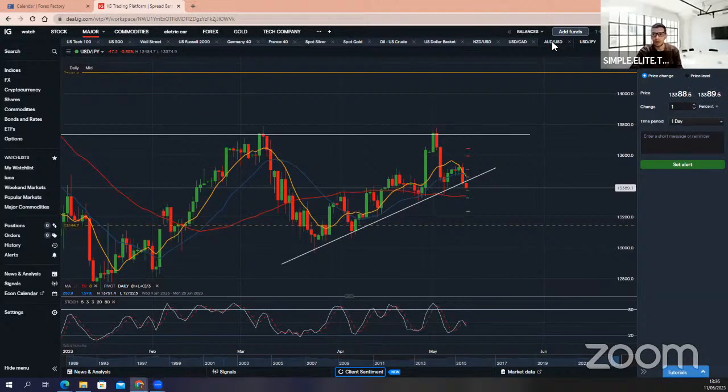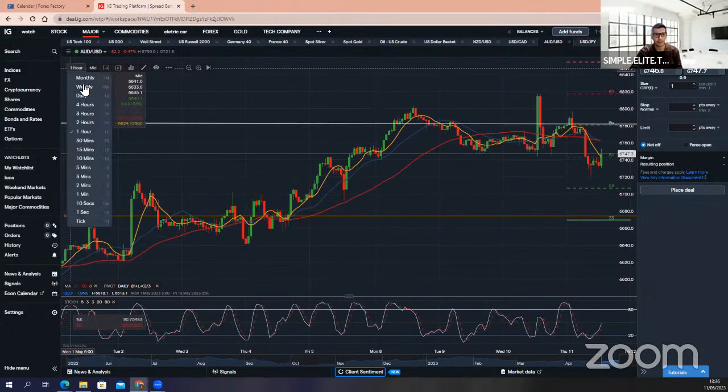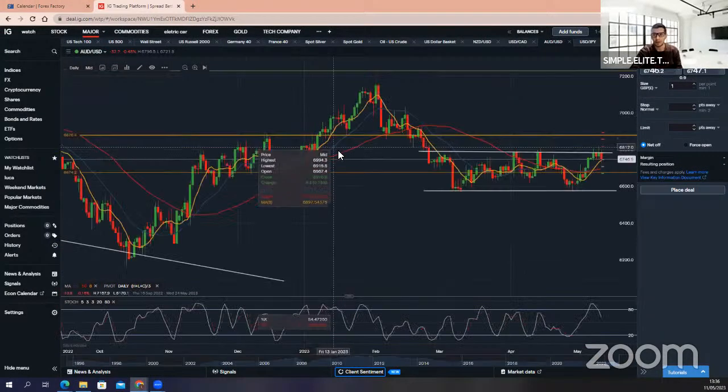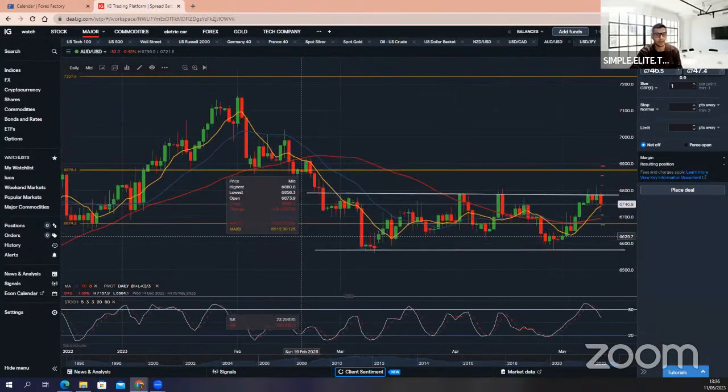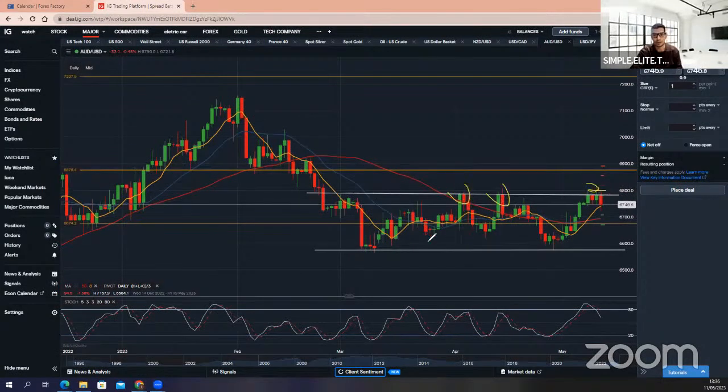Moving on, Australian dollar against the US dollar is ranging on this level here, rejecting again as well. So we can probably see Australian dollar short against the US dollar, but it's not top of my list because it's ranging, and I'm not a ranging trader.